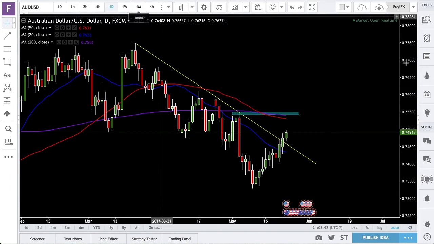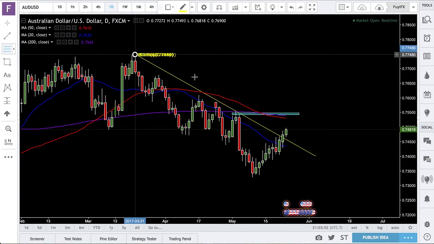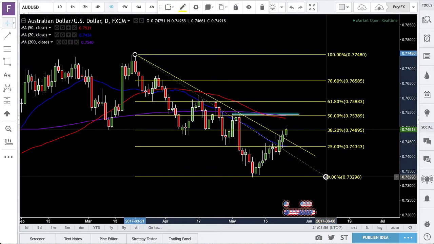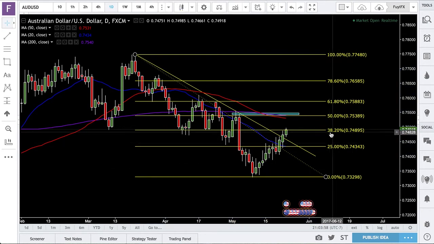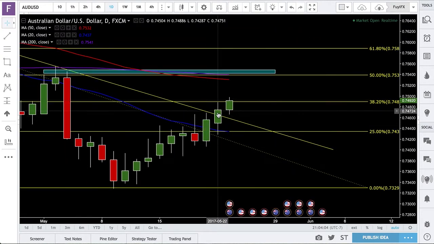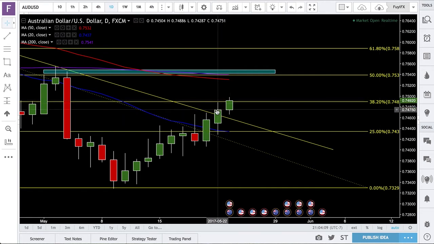Flip back to the daily, and if I use my fib tool from this high to this low, you can see prices kind of stalling out at the 382. In fact, yesterday, let me zoom in here. Yesterday's candle, you could see we tagged the 382 and pulled back.